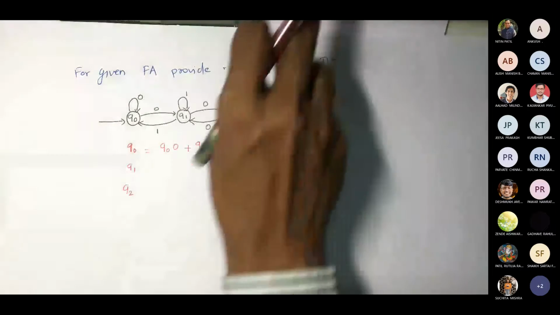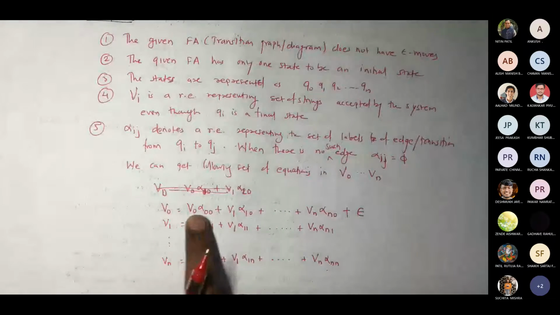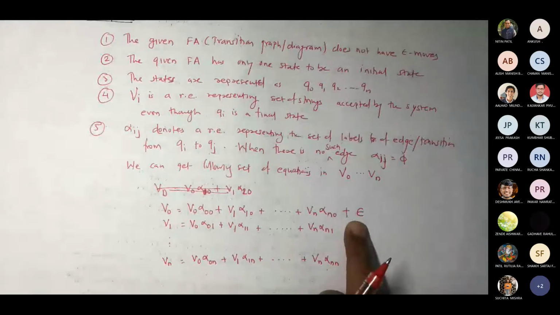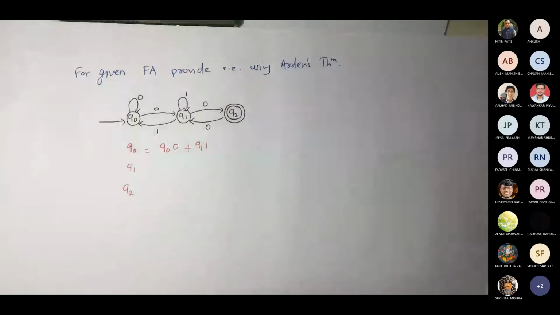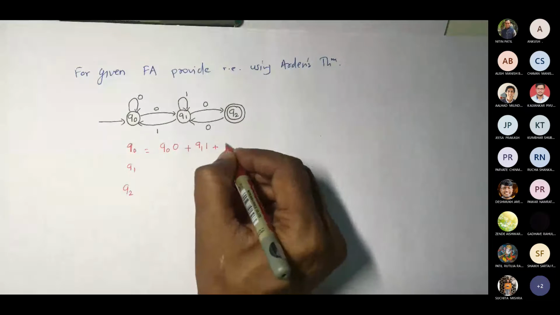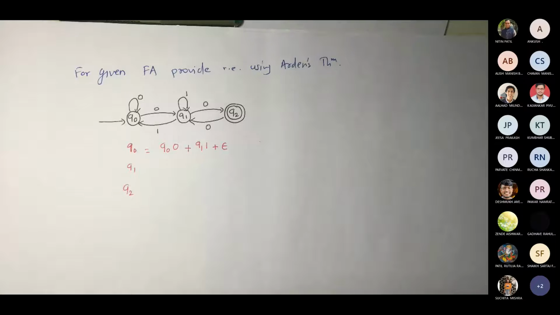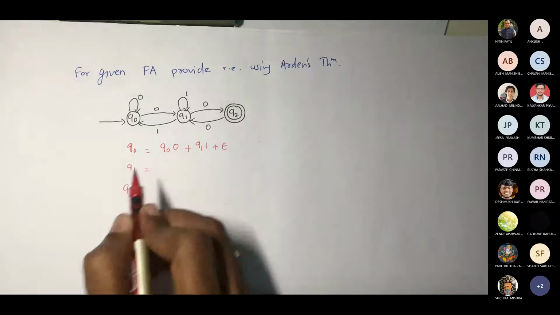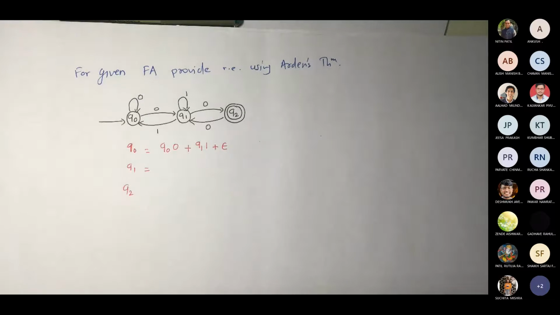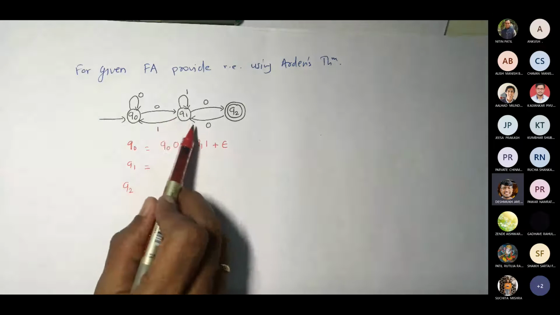Now as this is the initial state, we are going to add epsilon over there. So let us add epsilon. Similarly, let us talk about Q1. There are how many transitions? 3, correct? 1, 2 and 3.